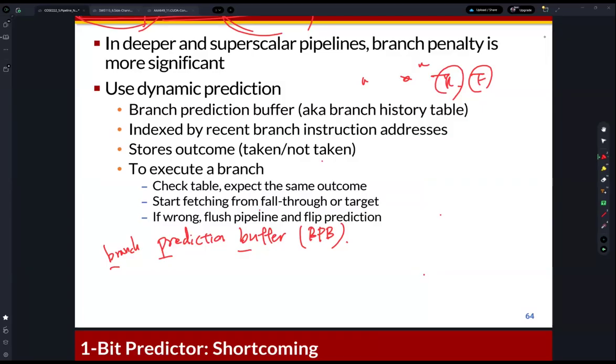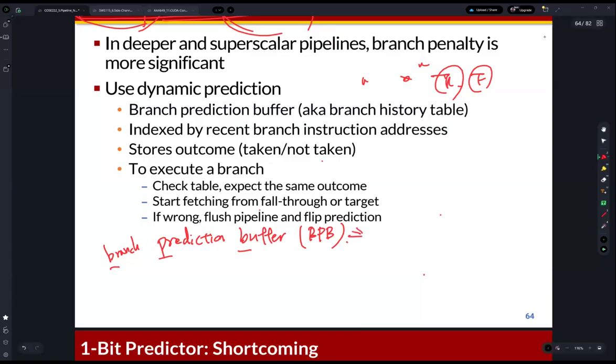Okay. So I mentioned that we can use the program counter, but the program counter is actually for a 32-bit computer system. The bit width of the program counter is 32 bits. What's the problem? The problem is that this buffer needs to have a large number of entries, because it's 32-bit.